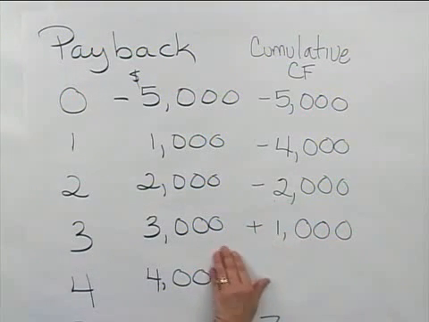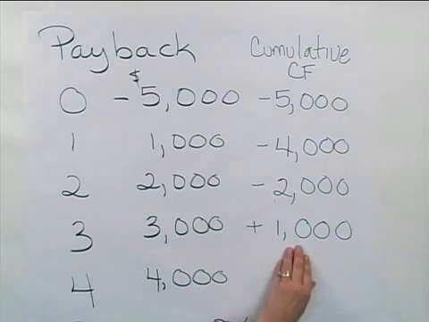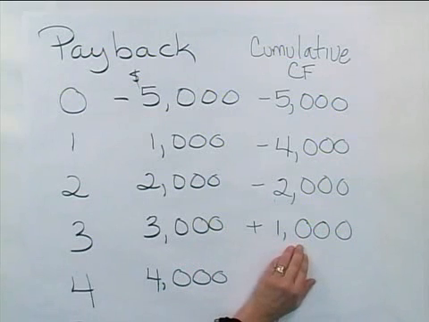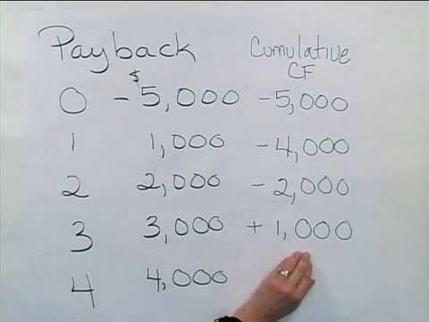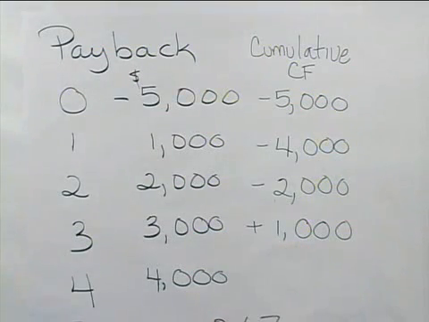At the end of year 3, I've made another $3,000, so my cumulative cash flow is negative $2,000 plus $3,000, or plus $1,000. What that says is this project is going to pay back somewhere between year 2 and year 3. I will have fully recovered that $5,000 by the time I've completed year 3.